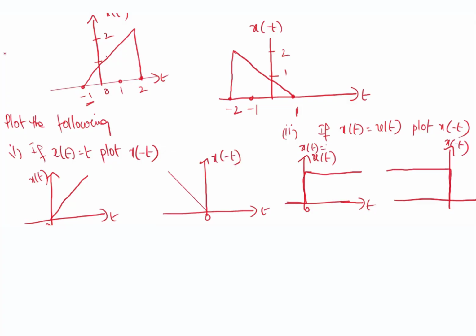The signal will be like this. You know the amplitude is 1. This is 1. This is 0. This is minus t and this is plus t. Okay, this is all minus t. So this is about time reversal. Simply you have to reverse the signal.